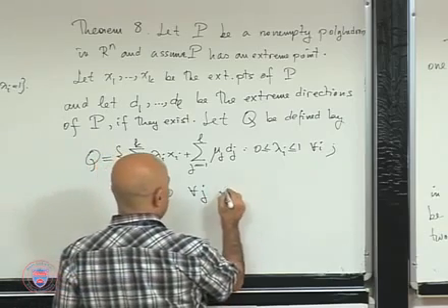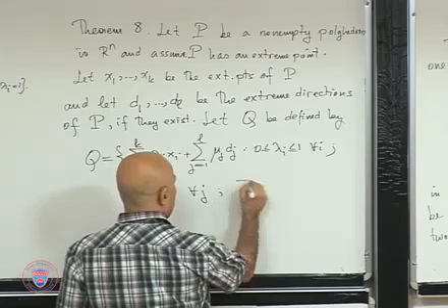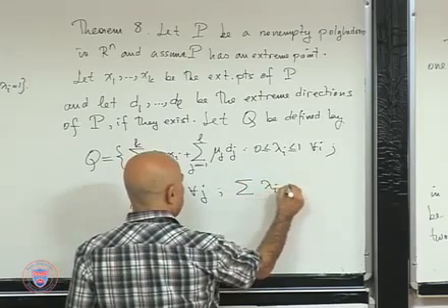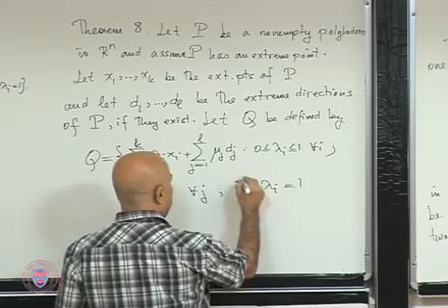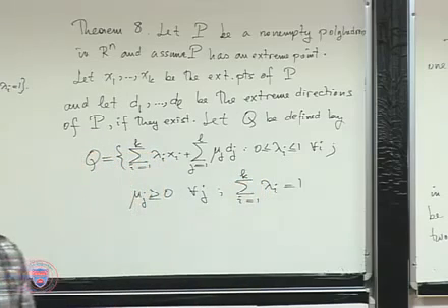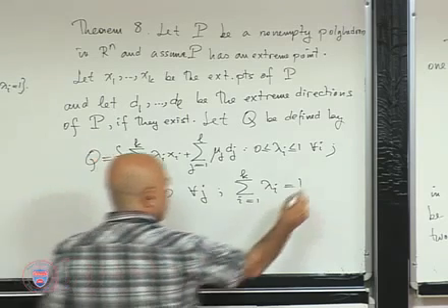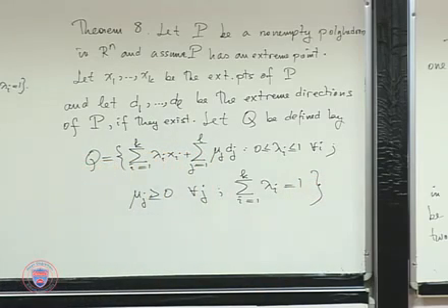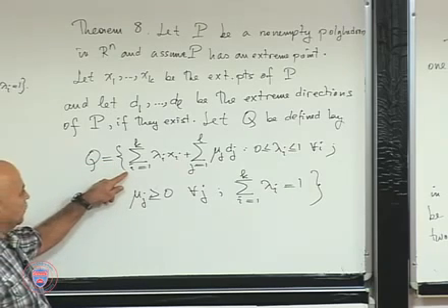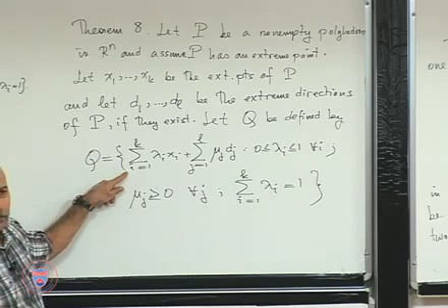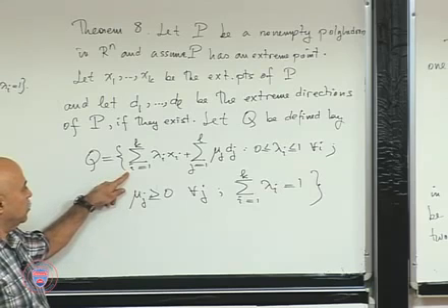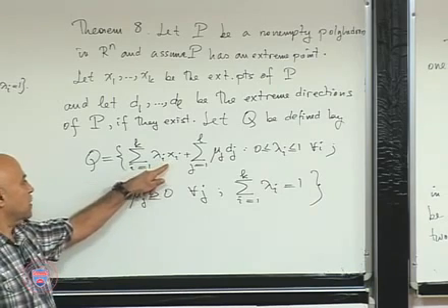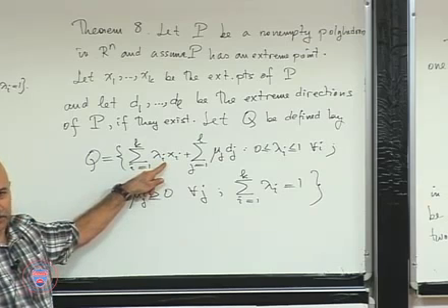And last condition is the lambdas add up to 1. They are normalized, non-negative numbers. That's the end of your definition of Q. Now, in this definition, what you're doing is you're taking a convex combination of the extreme points by choosing your lambdas.